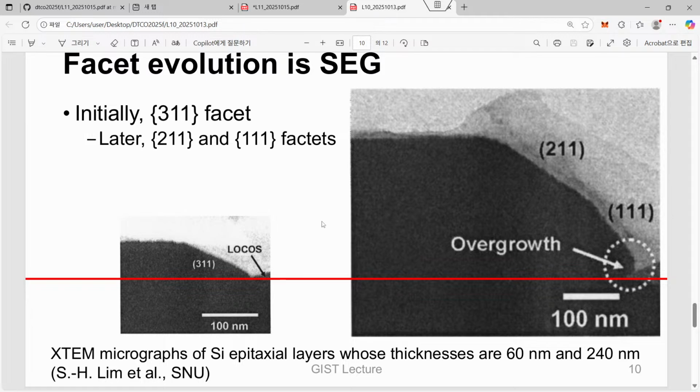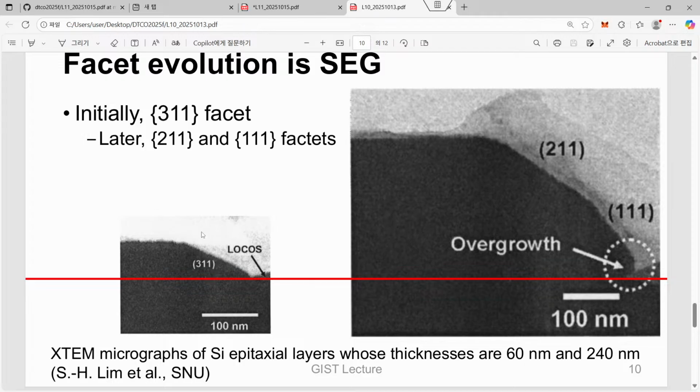It starts from our initial level. After that, we have grown a relatively thin layer, and in this case, we can find a relatively low angle surface, and it is labeled as 311.